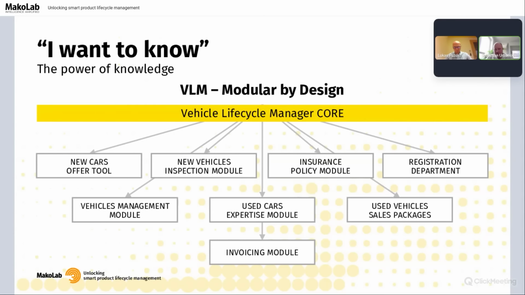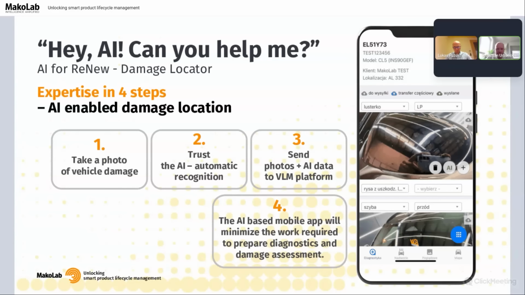I will switch to the presentation because the idea was quite easy to think about, but complicated when we tried to move to production. What was the idea? Prepare a mobile application where the worker from the workshop takes a photo.